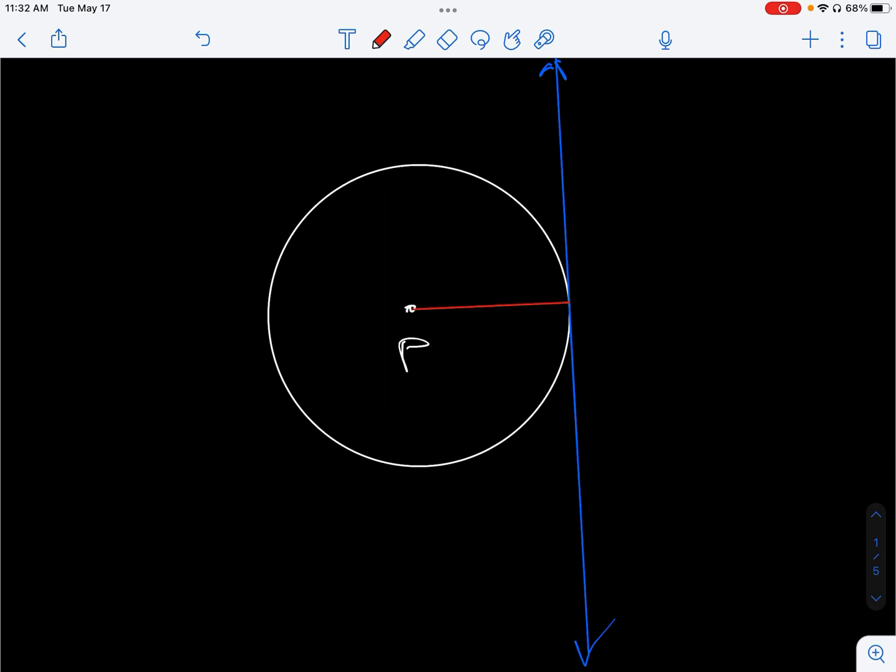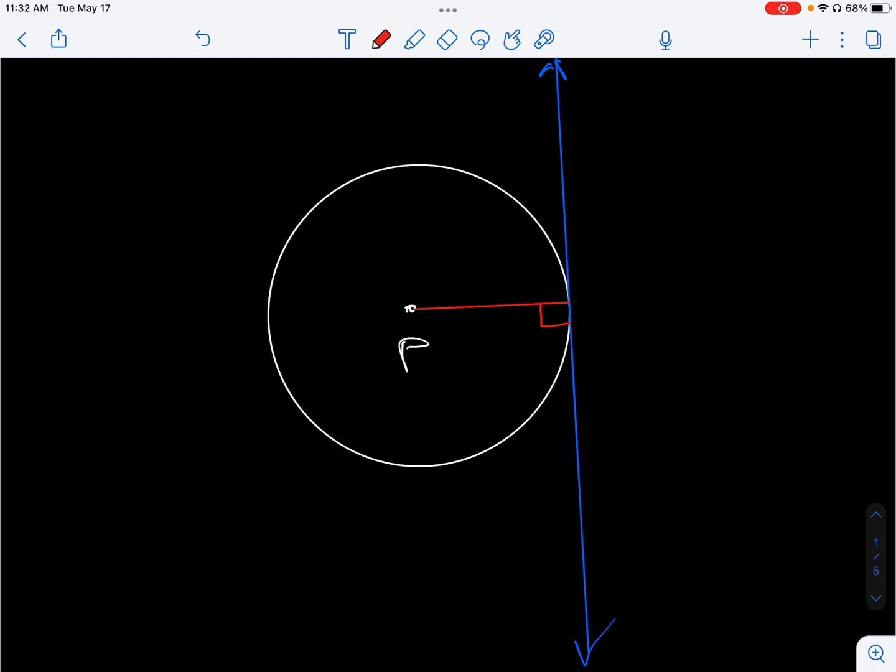Here we have a radius, which we know goes from a point on the circle to the center point, in this case, point P. And we also know that we measure from a line to a circle on a perpendicular, because it's the only way to get consistent measurements.